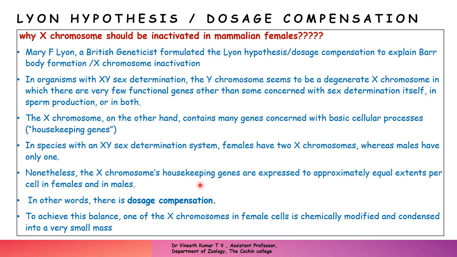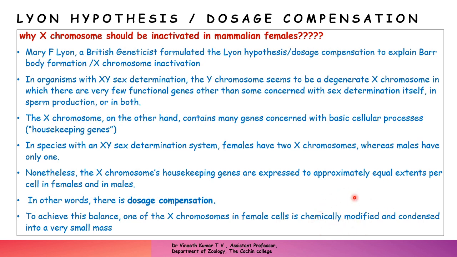To accomplish approximately equal extents of transcription from the X chromosome in both male and female, you have the phenomenon called dosage compensation. To achieve it, one of the X chromosomes in the female cells is chemically modified.